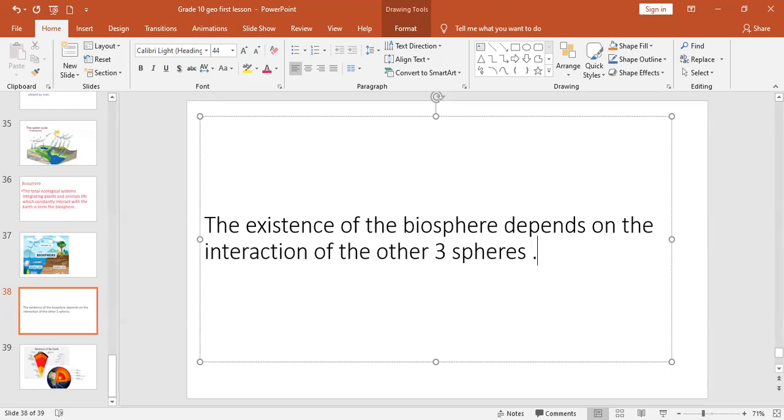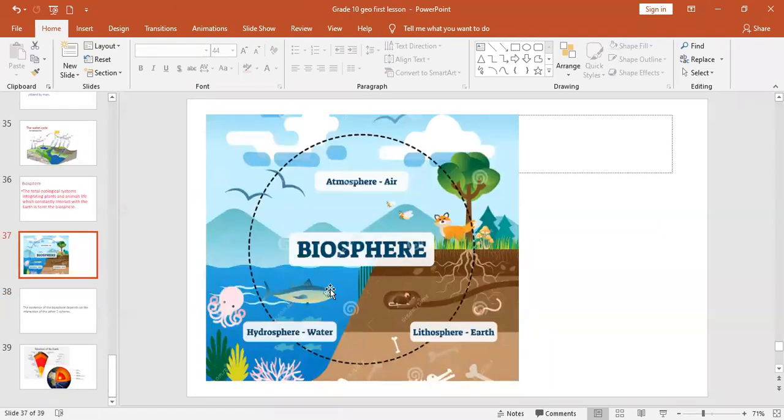Can you understand it? Yes, ma'am. What are the other three spheres? Now you know. What are they? Atmosphere, lithosphere, hydrosphere. You can understand it according to this diagram. The existence of the biosphere always depends on the atmosphere, lithosphere, hydrosphere.